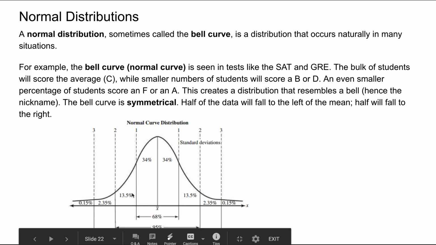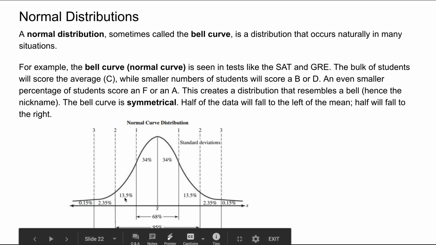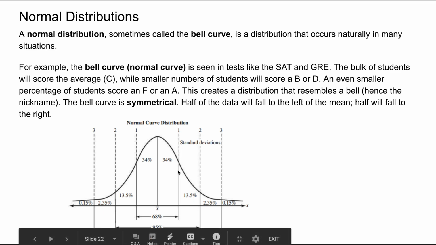The difference shows this part and this part together, which will be 27%, right? And since these two are symmetrical, we can make that a half. Then each one is 13.5% here and 13.5% here. But together we get to know two standard deviations is 95%.